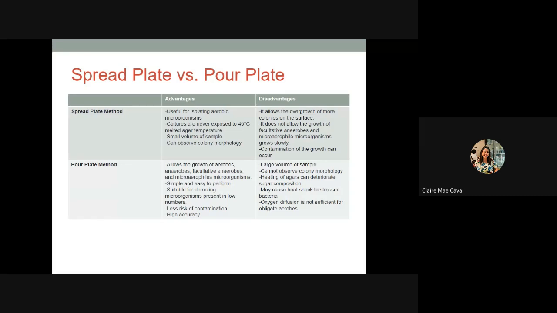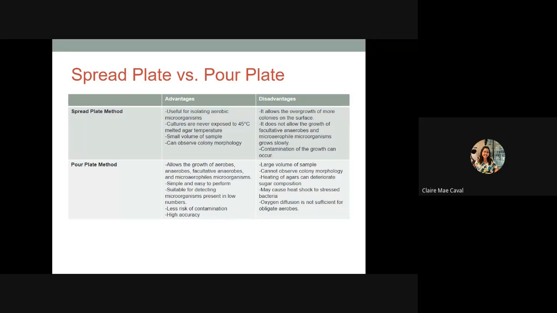So they become crowded, and the tendency is it will be difficult to enumerate. Second, it does not allow the growth of facultative anaerobes and microaerophile microorganisms, and it also grows slowly because the colonies are on the surface. And lastly, contamination of the growth can occur.